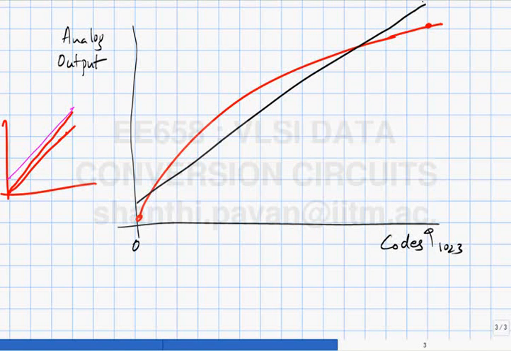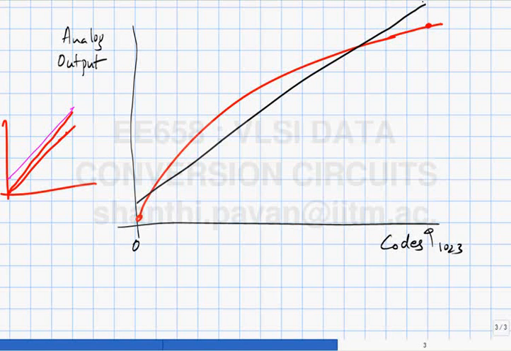Alright, this is clearly not the best fit straight line because I can simply move this up a little bit and I guess get reduced error, but anyway. Alright, so once you get the best fit straight line, what all do you know? You know the LSB size. Once you know the LSB size, finding the DNL and INL will be actually quite straightforward.